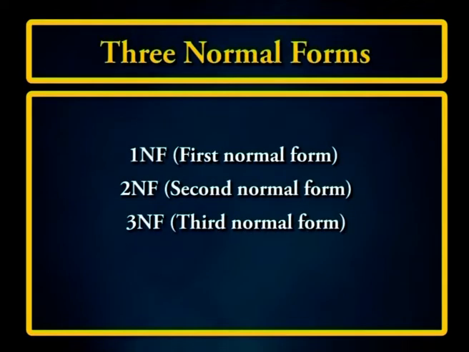There are mainly three normal forms, namely first normal form denoted by 1NF, second normal form denoted by 2NF, and third normal form denoted by 3NF. All these normal forms are based on functional dependencies among the attributes in a relation.